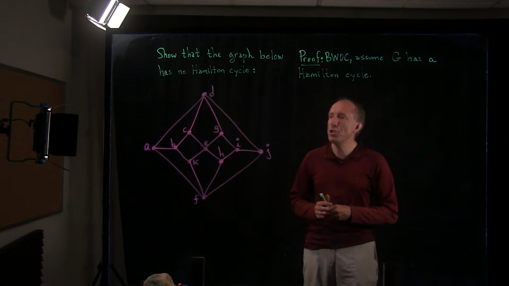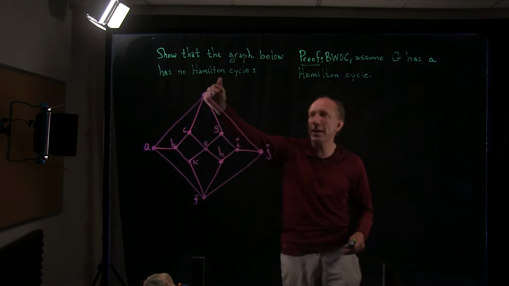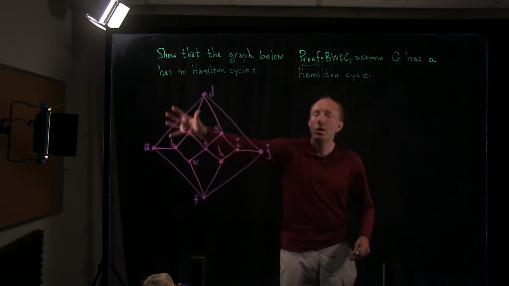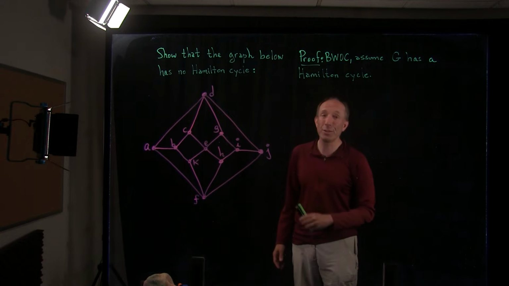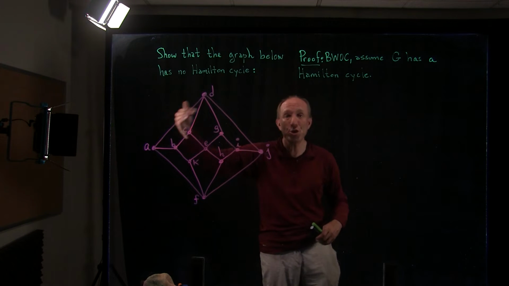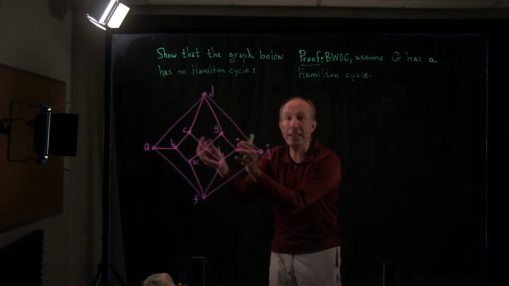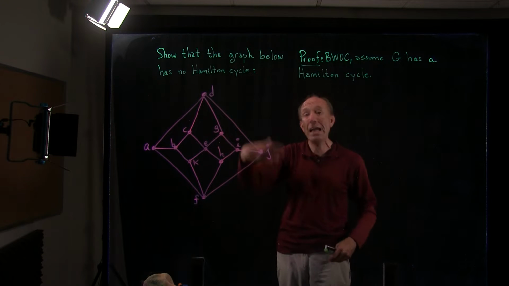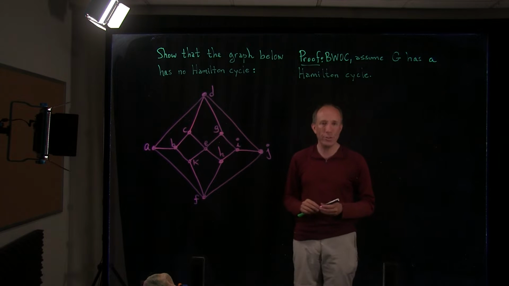From that simple observation alone, if we look at the four outer vertices that are all connected by edges, A to D to J to F and back to A again, not all four of those edges can be used by this Hamilton cycle. Because those four edges form a premature subcycle. I say premature because it does not reach any of the vertices in the interior of that diamond on the outside.